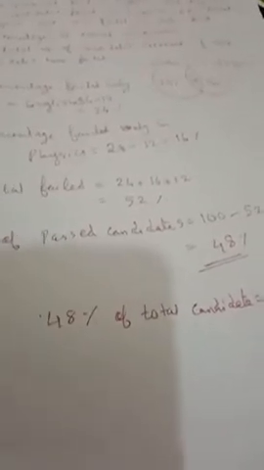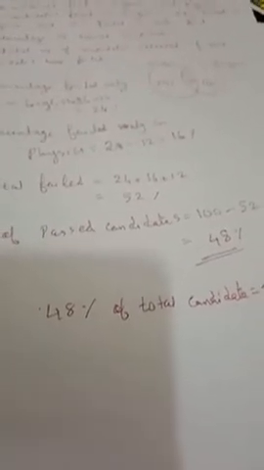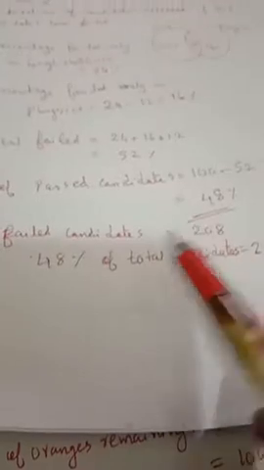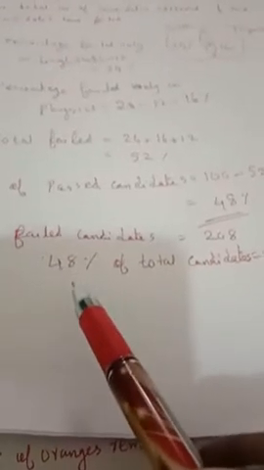Find the total number of candidates appeared if 208 candidates have failed. Given that the number of failed candidates is 208. Sorry, the failed percentage is 52, and the passed percentage is 48.